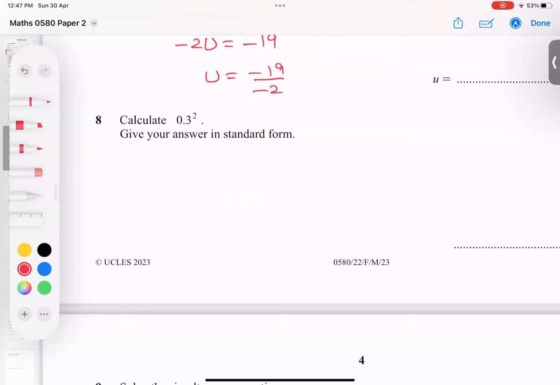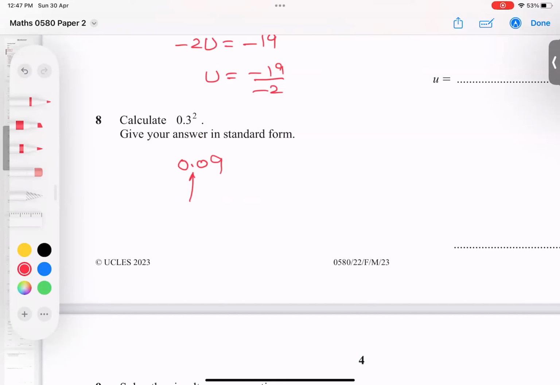When you type this in the calculator, 0.3 to the power 2, you get 0.09. And actually the decimal is here, and where you need it, I will tell you the formula.